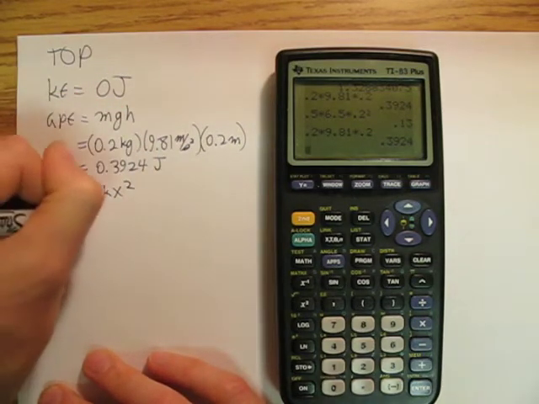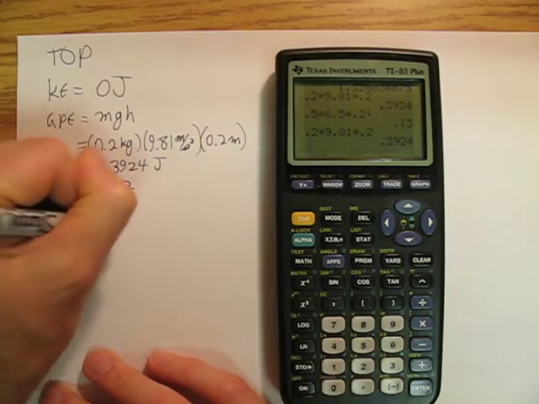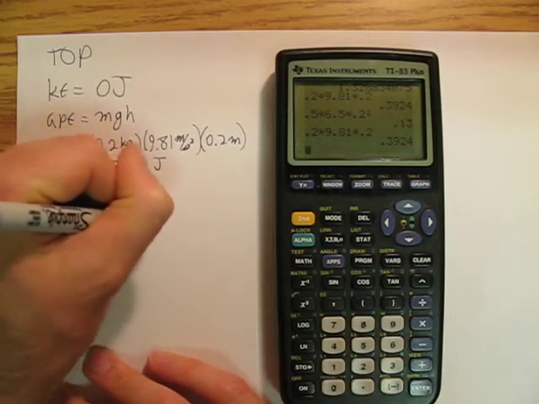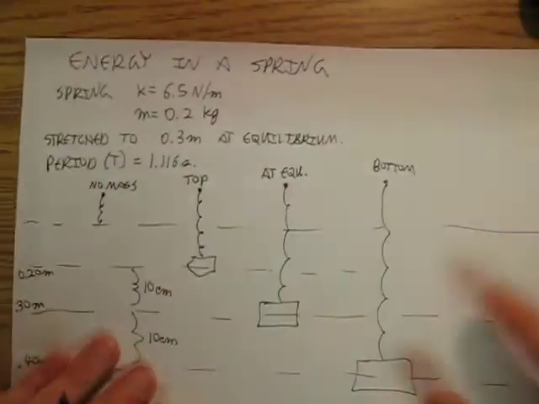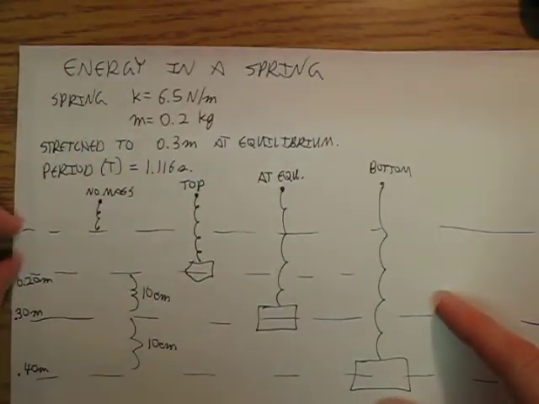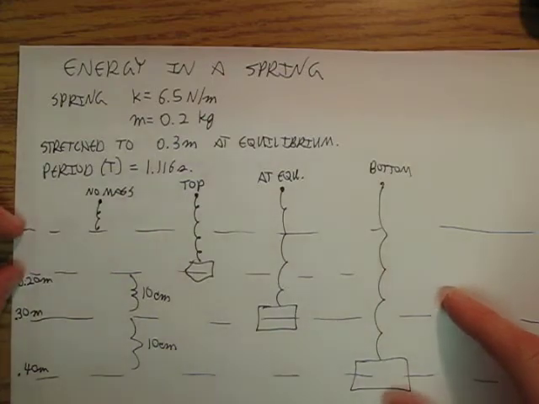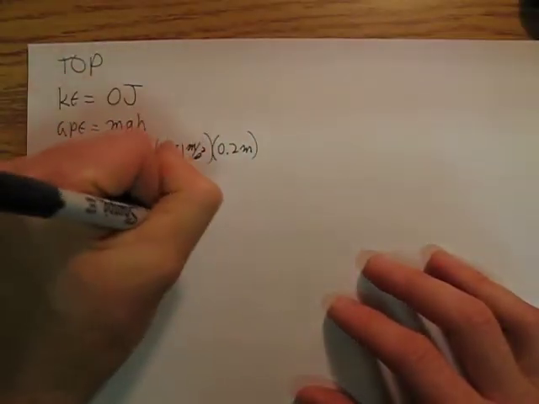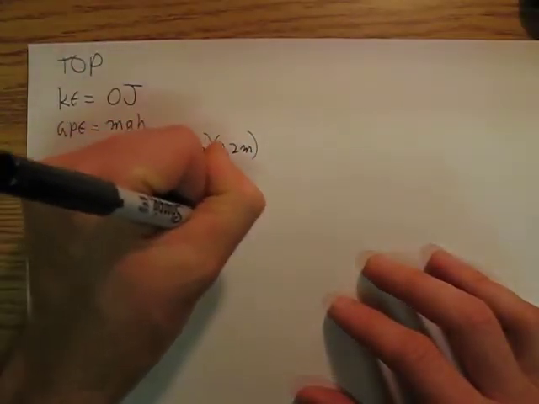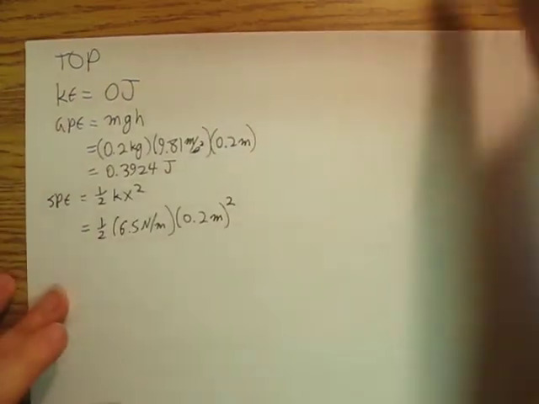So my spring potential energy is going to be 1/2 times 6.5 newtons per meter. And in this case, at the very top, the spring is still stretched by 20 centimeters, so 0.2 meters squared.